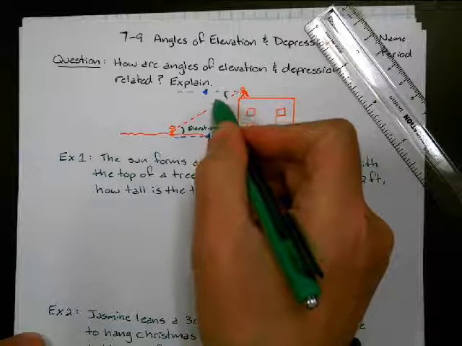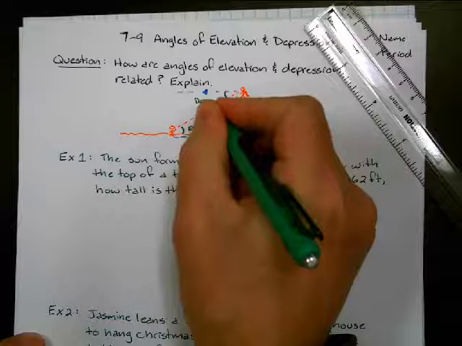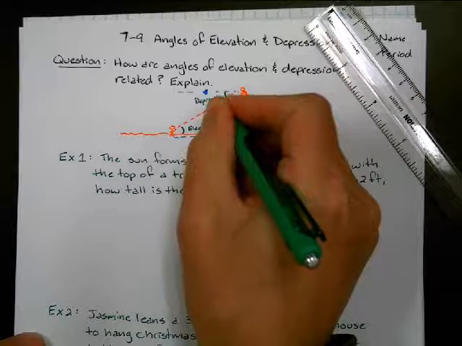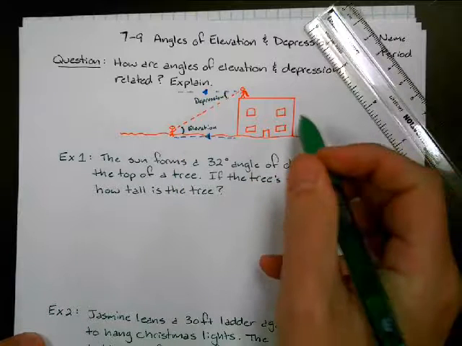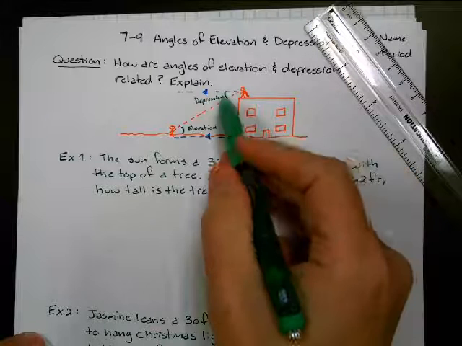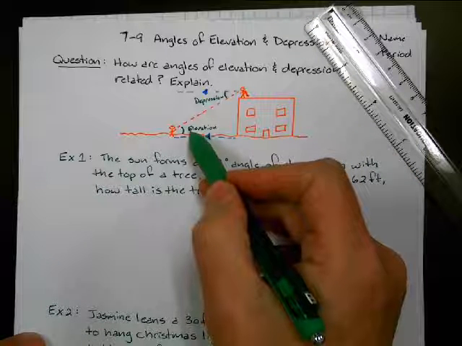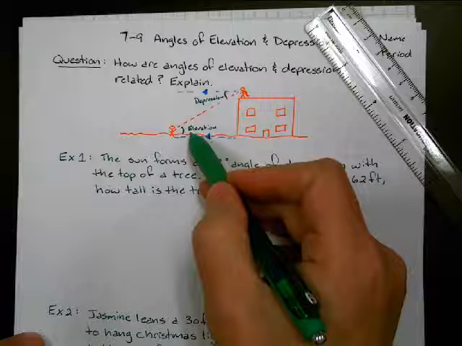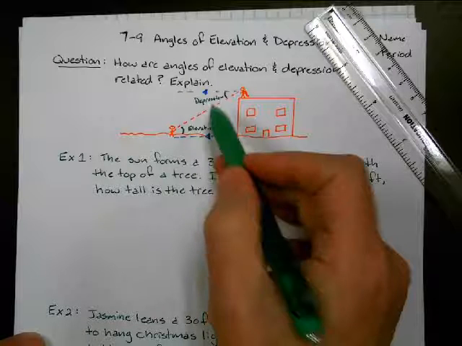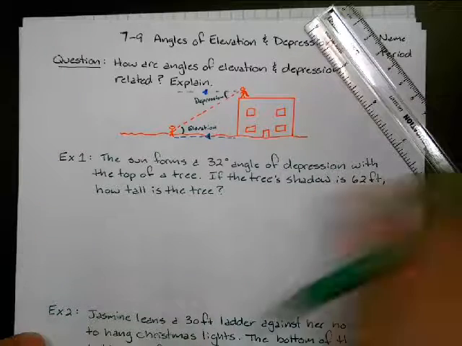So right here, he's looking down, and that's the angle of depression. Now, if you look at it, these are alternate interior angles. The angle of depression and the angle of elevation, therefore, should be the exact same angle because they're alternate interior angles.